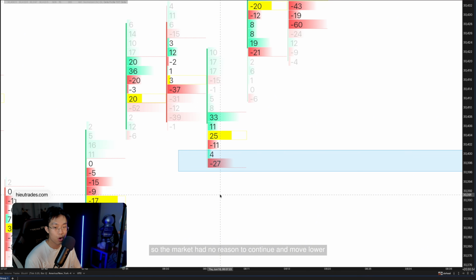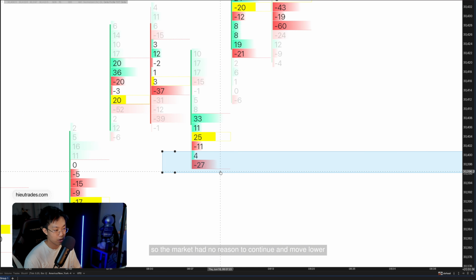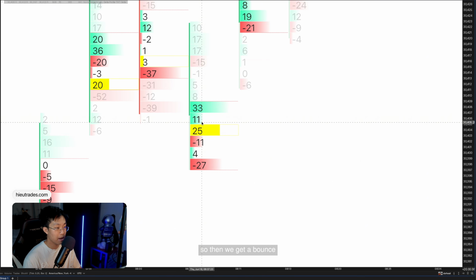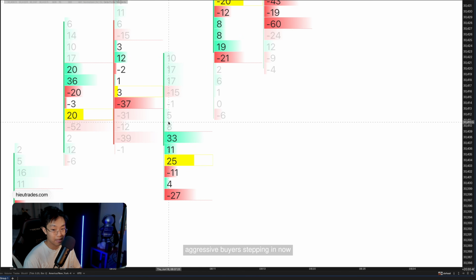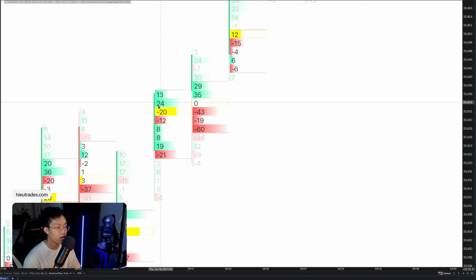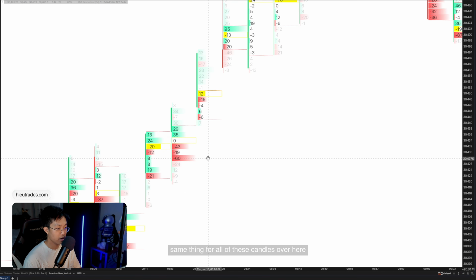So the market had no reason to continue and move lower. Then we get a bounce, aggressive buyers stepping in now, and that is initiating the candle to continue higher and close higher.